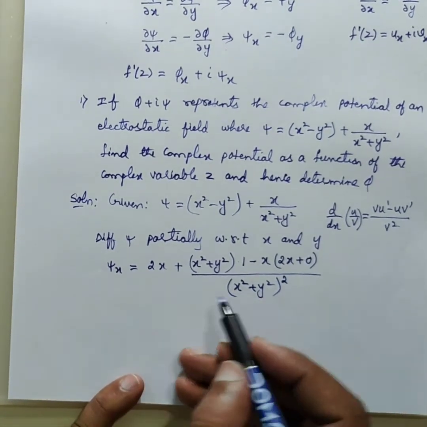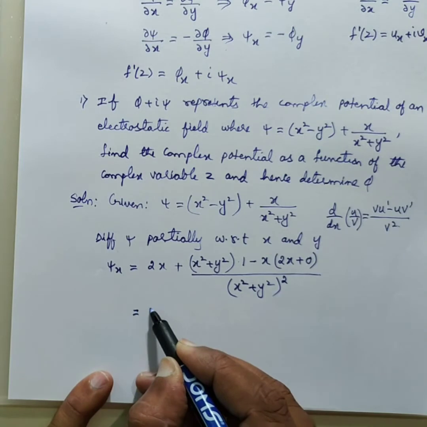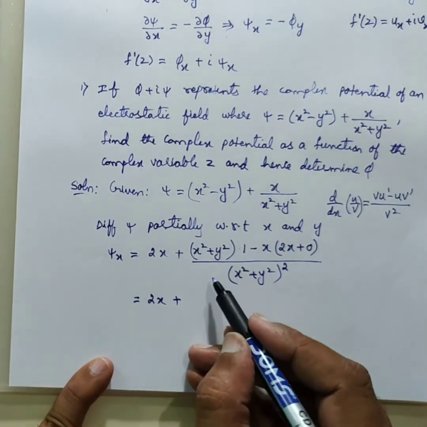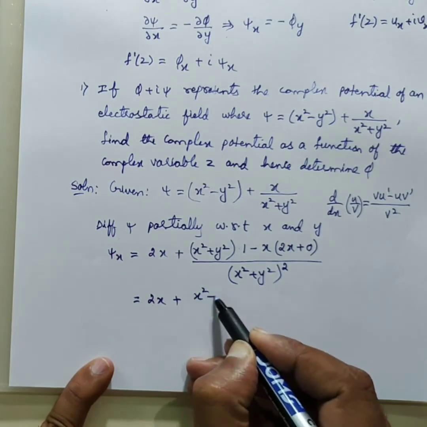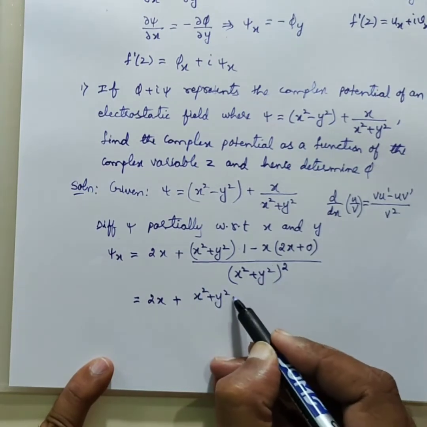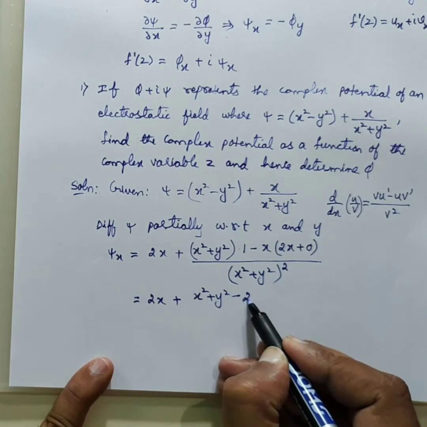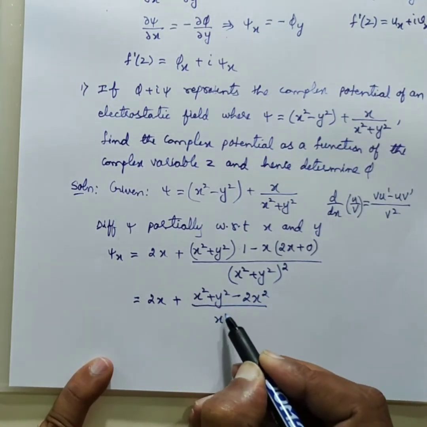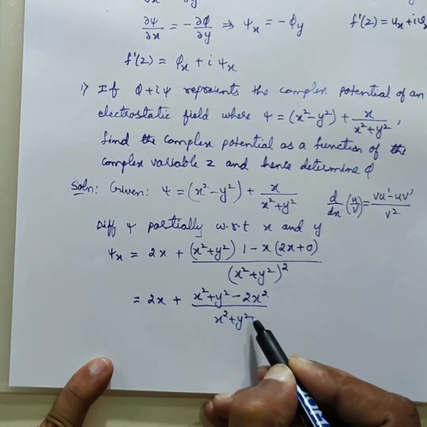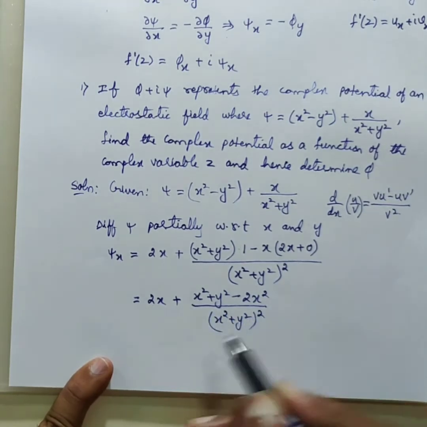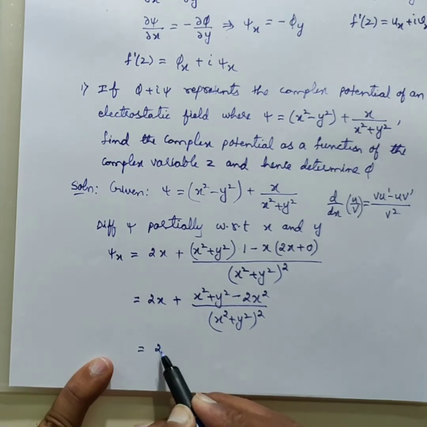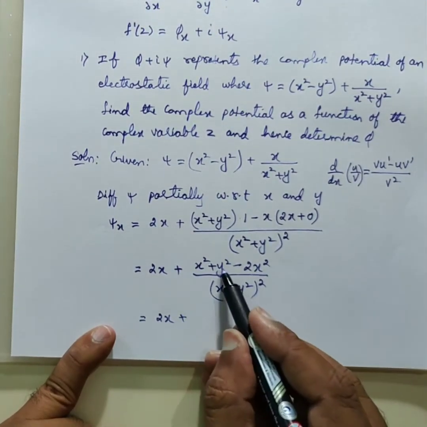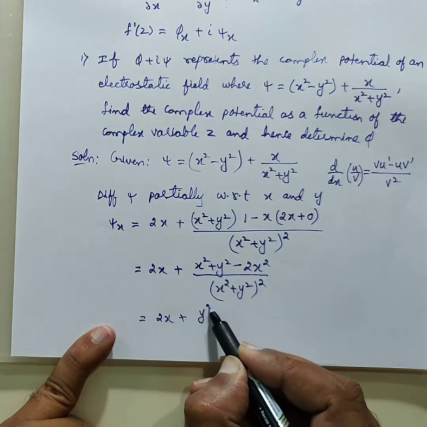Let us further try to simplify this one. So this 2x as it is plus you have x square plus y square, and it is minus of x into 2x will be 2x square, whole divided by the denominator value x square plus y square whole square. So this will be equals to 2x plus, let me write down the positive value y square as it is.